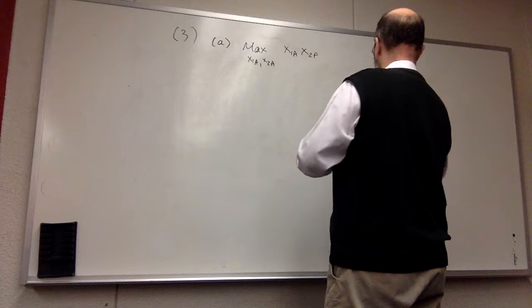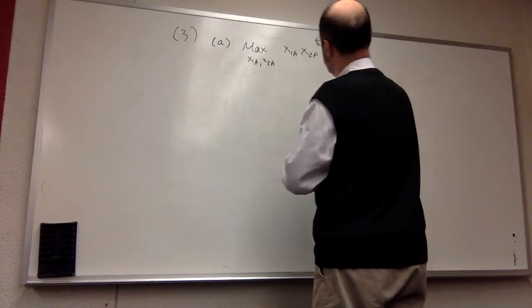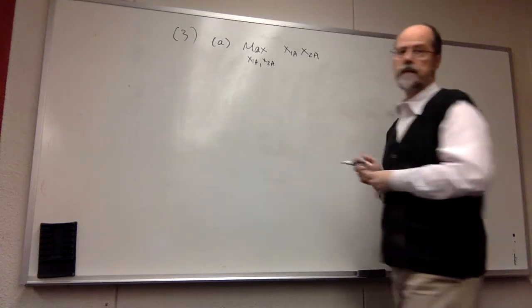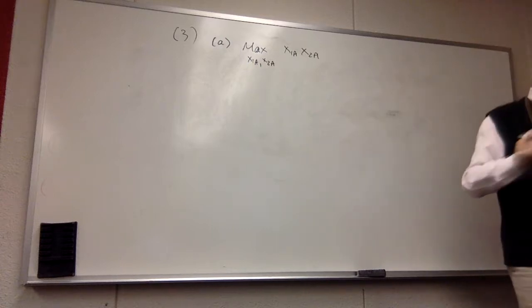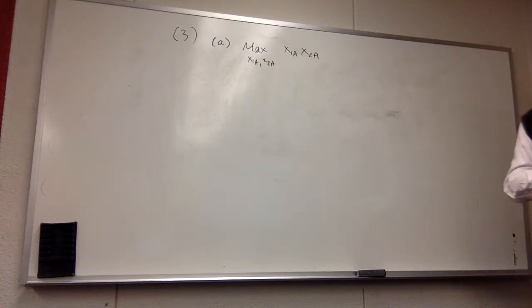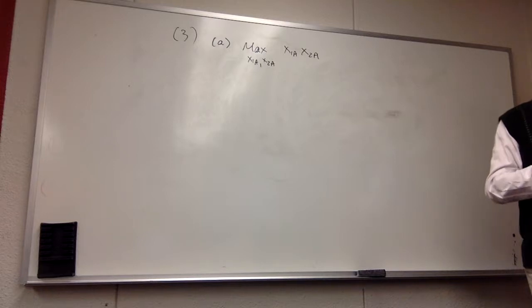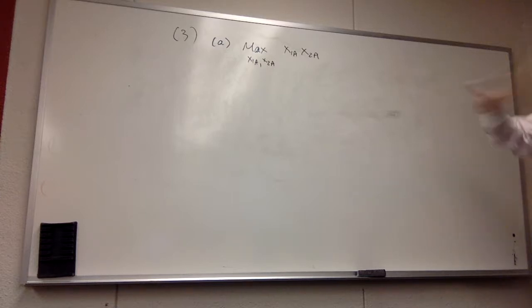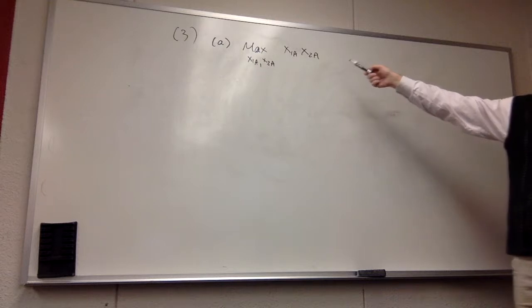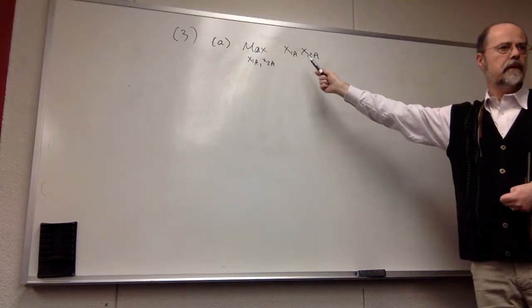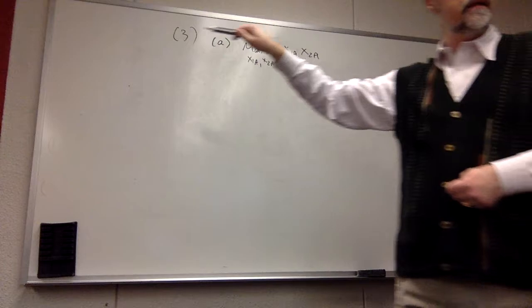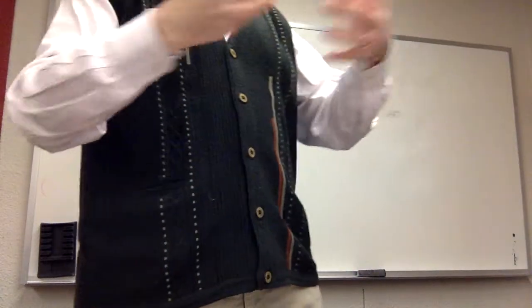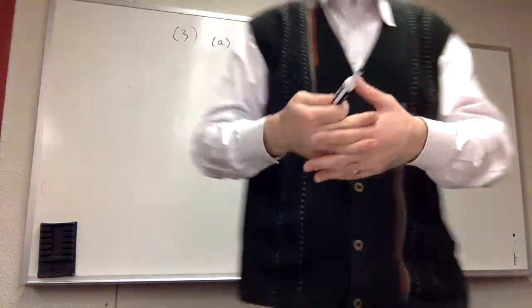I'm going to keep this maximization here, but I'm going to change the constraint, because now I'm going to use it to find the demand function for good 1 and for good 2 expressed by person A. For that, I need person A's budget. So I'm changing the constraints, but I'm still maximizing this utility function. Then I'm going to do it for person B, and then I'll put things together and find the excess demand.